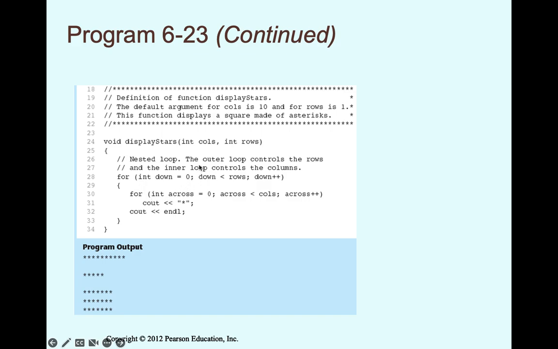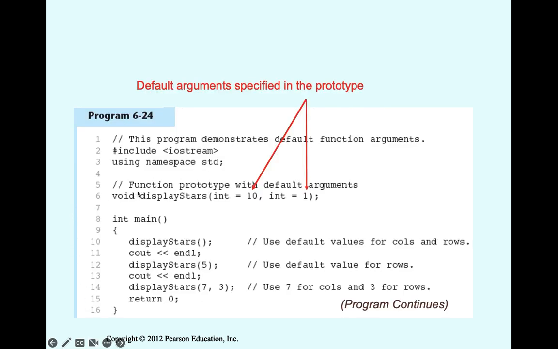If we give it 1 and 7, it will print something like this. If we give it 1 and 5, it will print something like this. If we give it 3 and 7, it will print something like this.